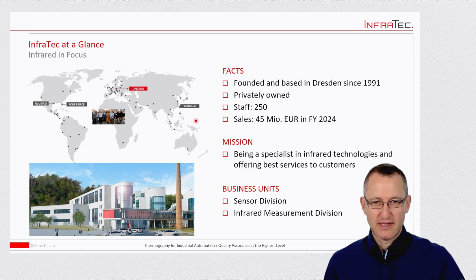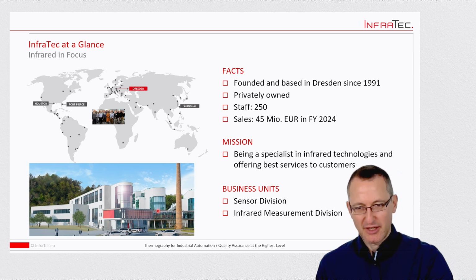We have offices in some markets, and we also work together with sales partners. And at the bottom, we can see what the headquarters looks like. InfraTec is based in these two buildings. One is newly constructed.